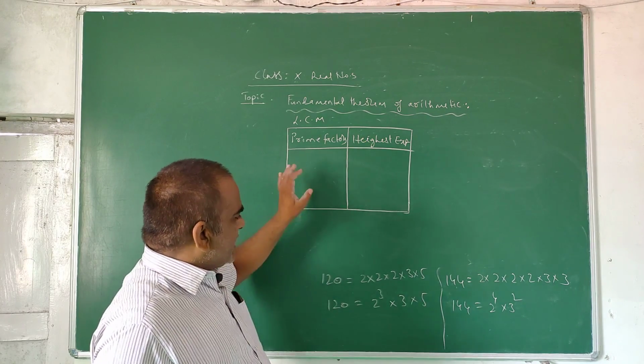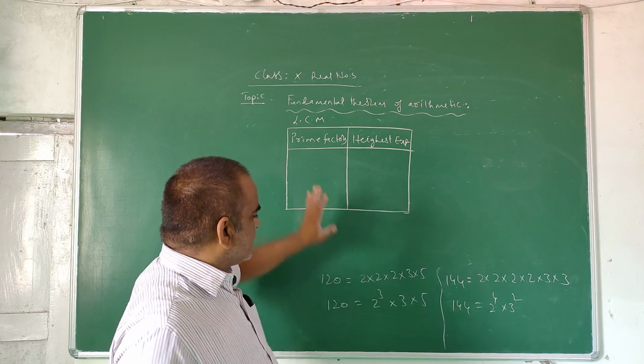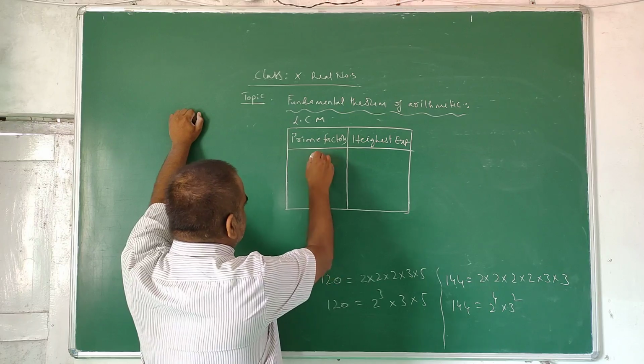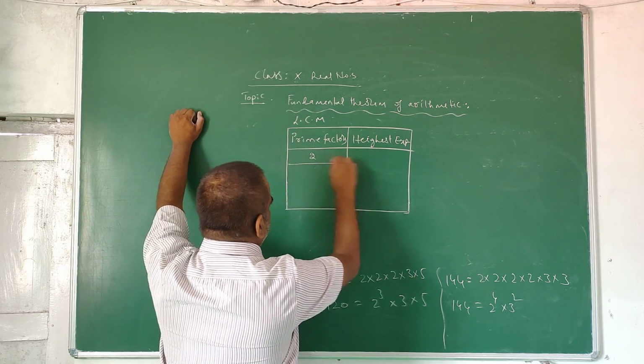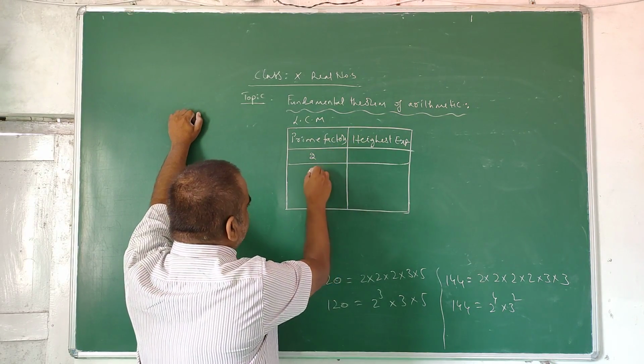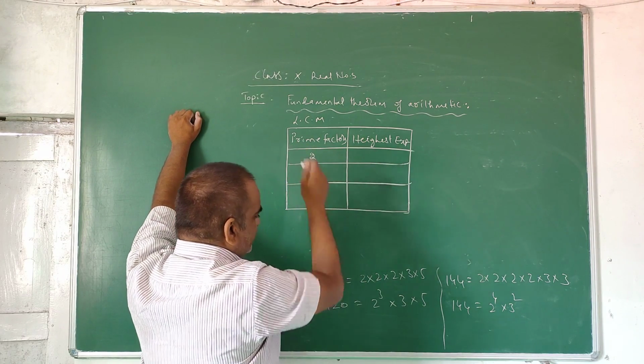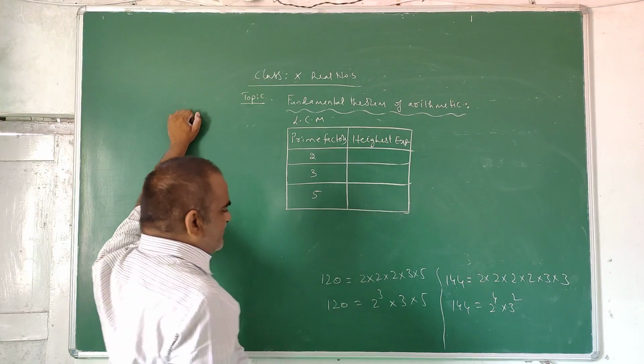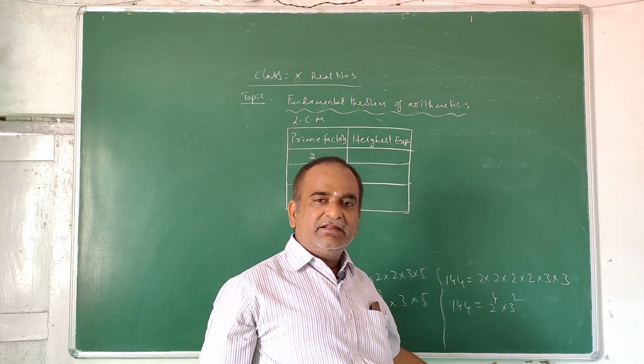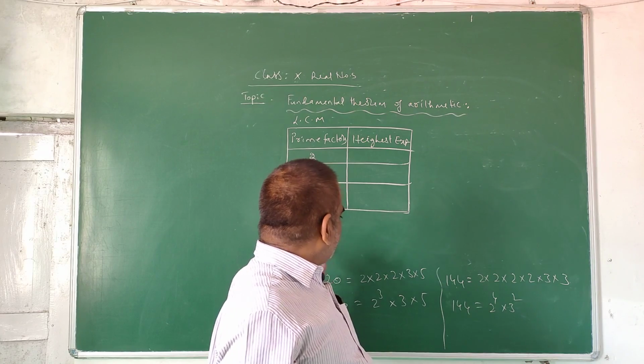Now what are the prime factors the numbers have? Let us write. You are seeing 2, you are seeing 3, you are seeing 5. Any more prime factors you are seeing here? You are seeing 2, 3, 5.